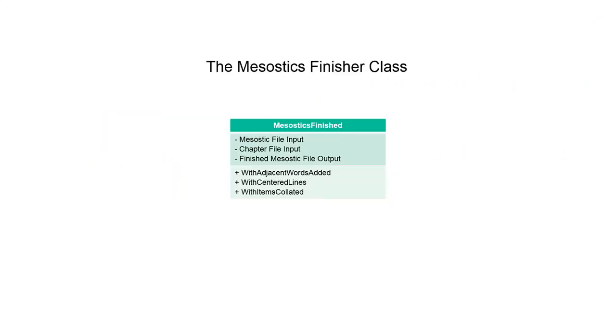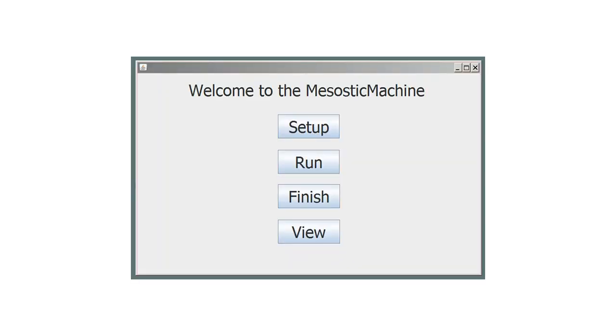Okay, and that's just a simple diagram of that Mesostics finished class with those three adjacent words added, centered lines, and collated. So that's my little run through of the UML.